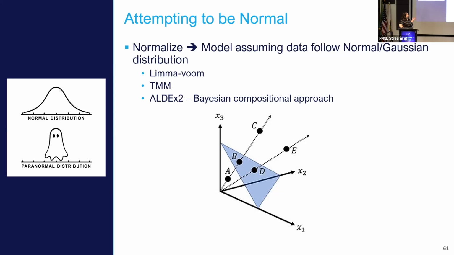So in the transcriptomics case, that is what limma-voom is attempting to do, or limma paired with voom. That TMM normalization that I just showed is also attempting to do that. And there's a third method that is based on what's called compositional analysis. The common package people use for this is DESeq2.